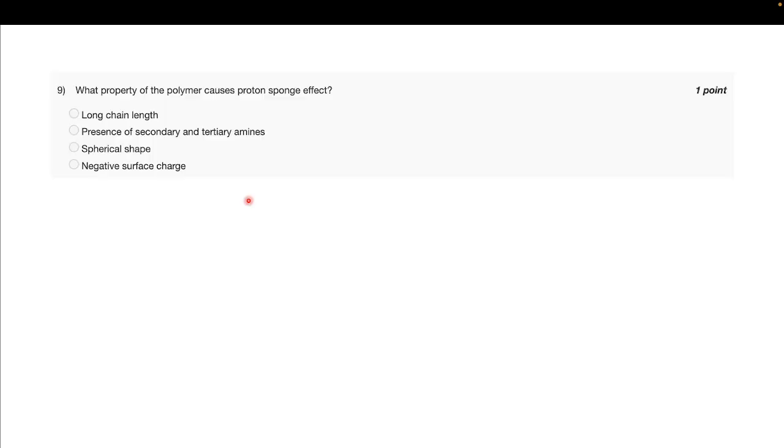Next is, what property of the polymer causes the proton sponge effect? We have discussed the proton sponge effect in some of our initial sessions as well. If you remember it or you know the answer, please let me know. If not, we'll discuss.